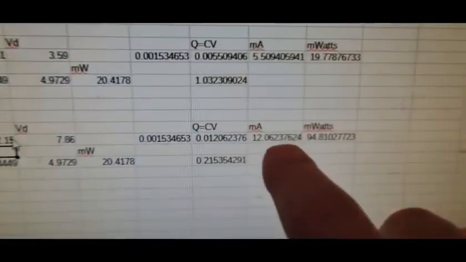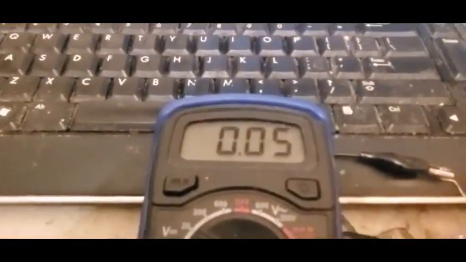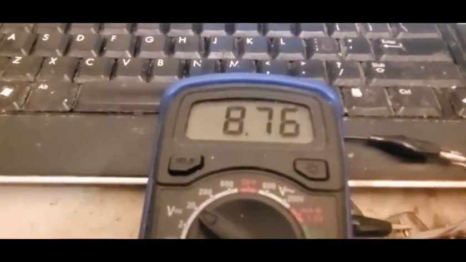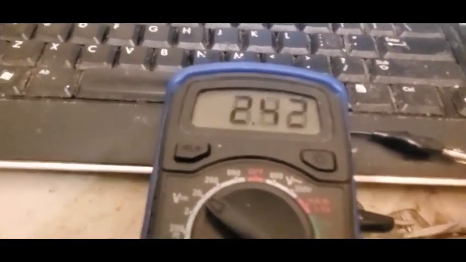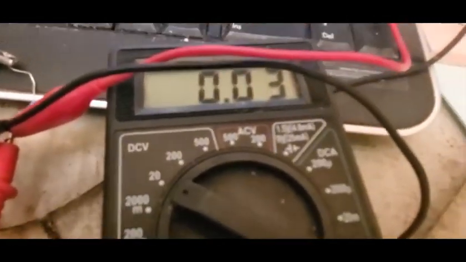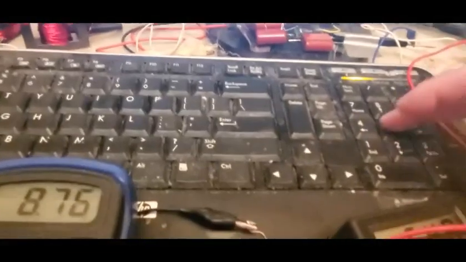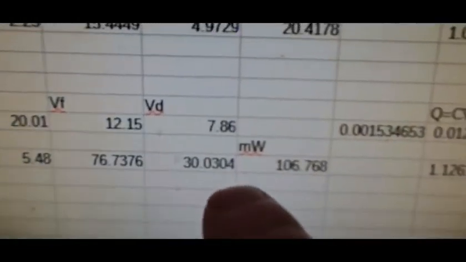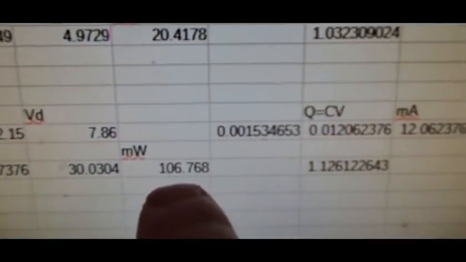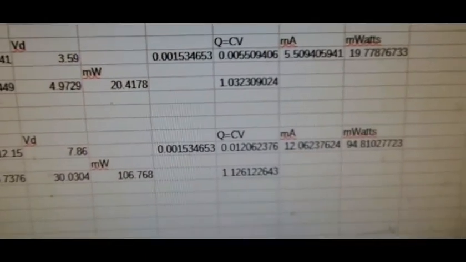I'm not going to put another meter on there. 94.81 milliwatts in. What do we have out? 8.76 out of one, and 5.48 out of the other. So that's our milliwatts out. 94 in, 106 out. That's our efficiency. Let's go up to 30 volts.